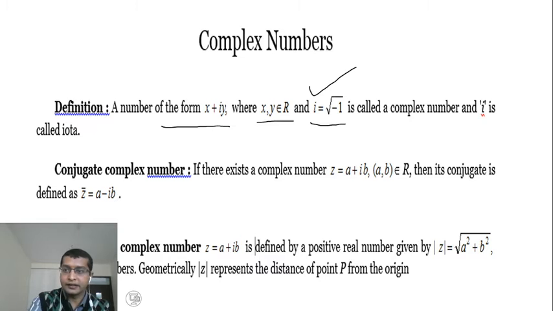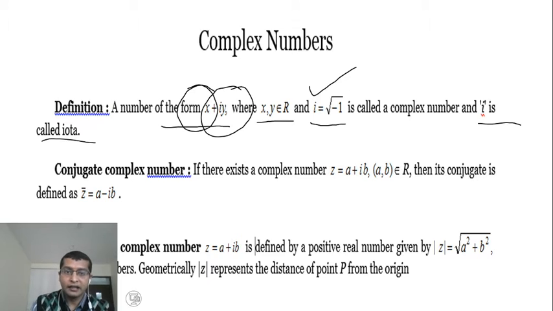In this video I am going to use i. So any number in the form x plus iy is called a complex number. Here x is called the real part of a complex number, iy we call the imaginary part of a complex number. Then we will define the next definition, conjugate complex number.